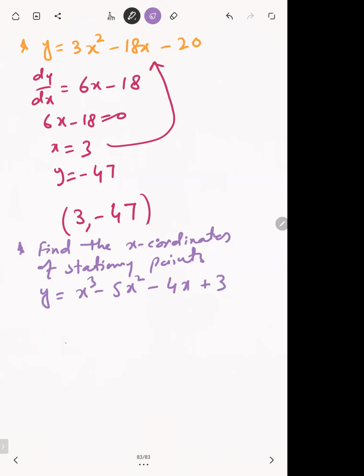That's a cubic equation. Find the x coordinates of the stationary points. I have given a random equation, so I hope you get the solution. So you may not get an exact number. Maybe you can get a decimal if it is not factorizable, but try.